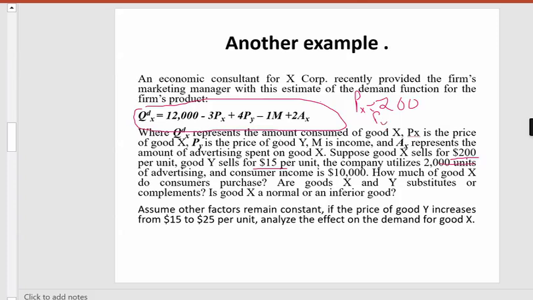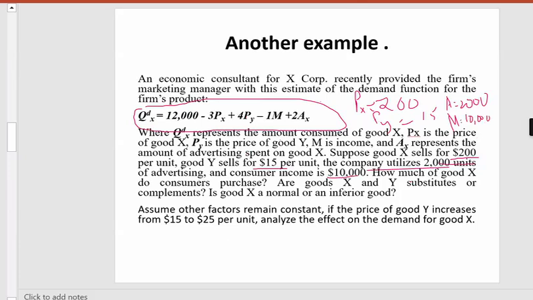And the price of other commodity is 15, right? And the company utilizes 2,000 units of advertisement. And the income M is 10,000. These are the values of other factors that can affect demand.